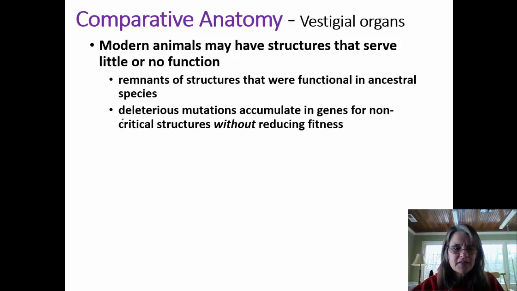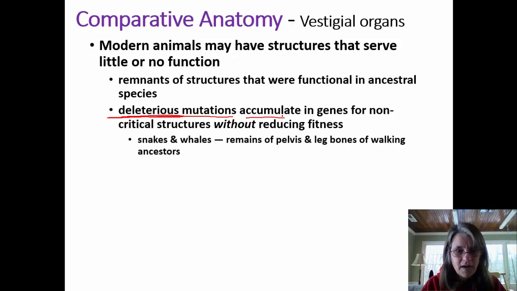So the idea is that deleterious, meaning bad, mutations can accumulate in the genes for these non-critical, useless structures, and they don't reduce fitness. So these structures can be allowed to get useless because the environment doesn't select against them anymore.